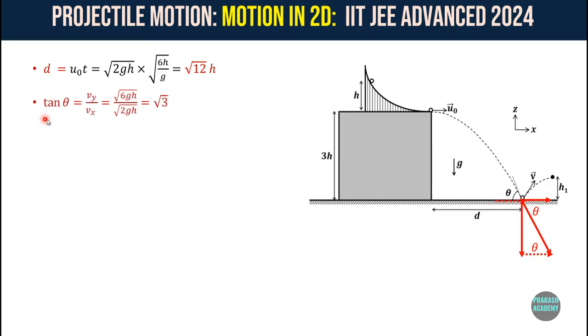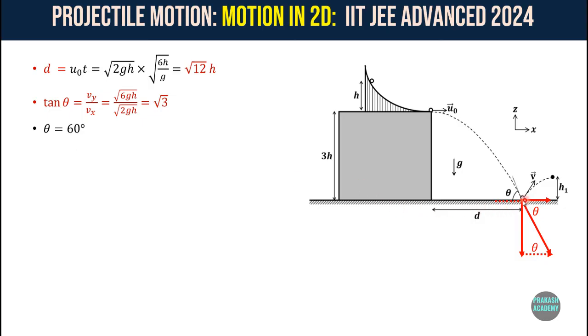Now tan theta equals, if you consider this triangle, this height divided by this height, that is Vy divided by Vx, and Vy we know, that is under root 6gh, and Vx is under root 2gh. So from here I can say tan theta equals root 3. So tan theta equals root 3, this means theta equals 60 degrees.